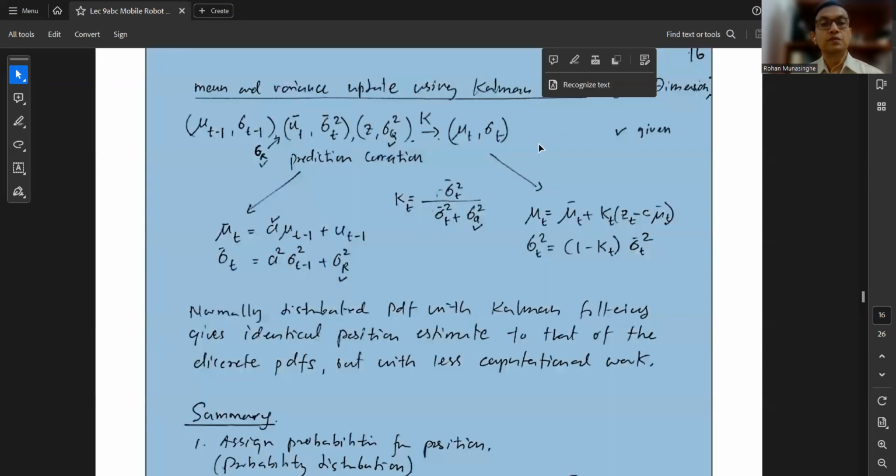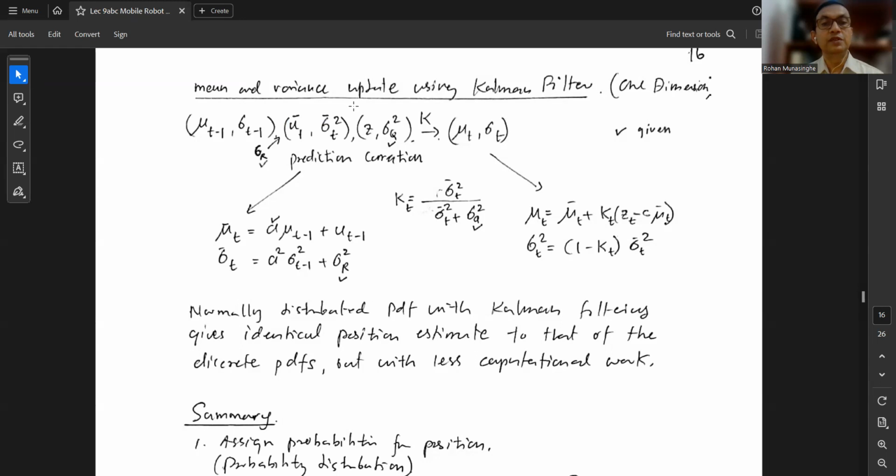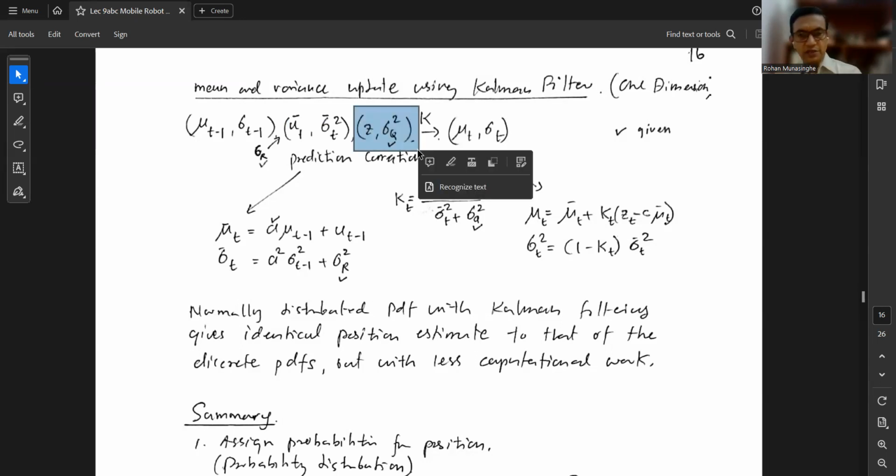Now you bring in the measurement. There you can see, Z is the measurement. You read some measurements, and also you know what the sensor is, sigma q.